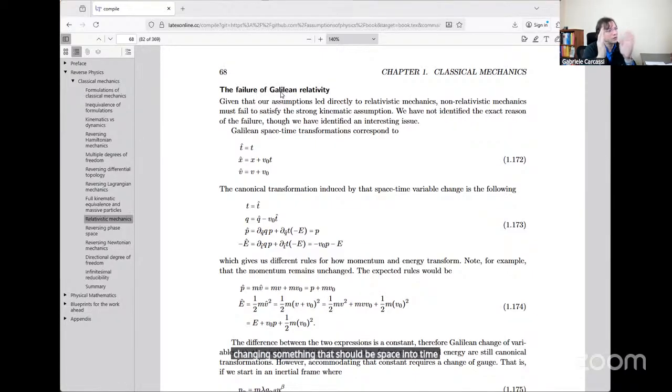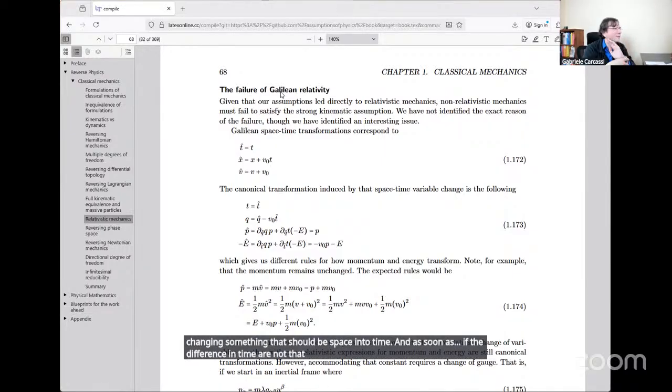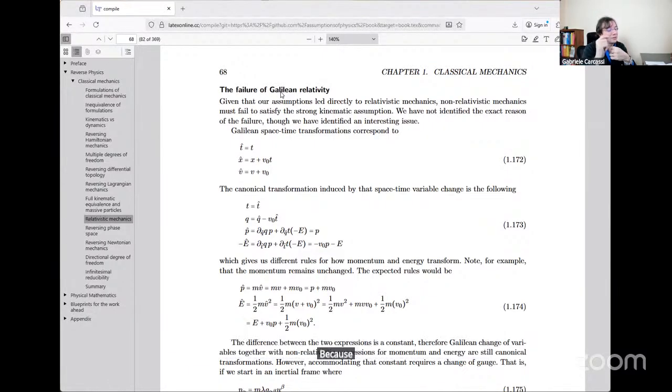If the difference in times is not that large, you're not going to make a big mistake. But if the difference in times is large because you are at high velocity, then you have to be on the extended phase space to make the correct calculation, because you need to treat time as an actual coordinate, not just a parameter. That's where the mistake comes from.